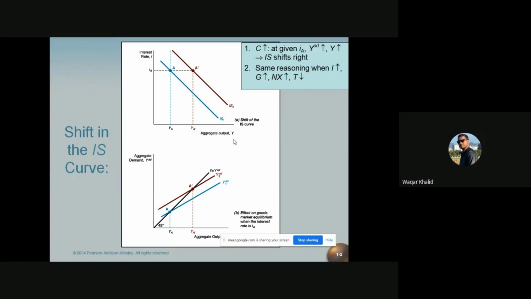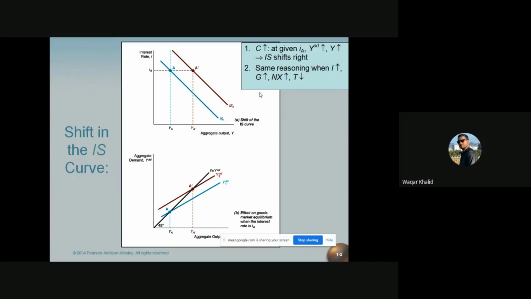A decrease in investment spending because companies become more pessimistic about investment profitability shifts the aggregate demand curve downward for any given interest rate. If the aggregate demand function shifts downward, the equilibrium level of output falls and it will shift the IS curve from the original position to the left side.